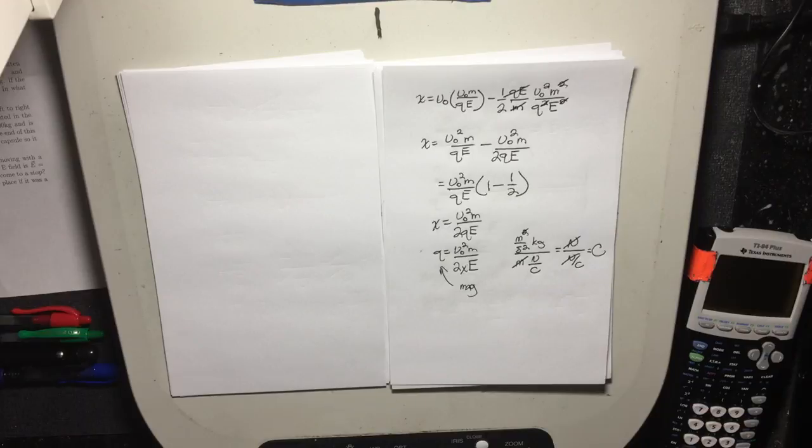All right, number 6 is like number 5. So what I'm going to do is skip it, but it uses the same equations that you would use for number 5. But in the case of number 5, you didn't know time. In the case of 6, now you do. In the case of 5, you didn't know the charge. In 6, now you do.